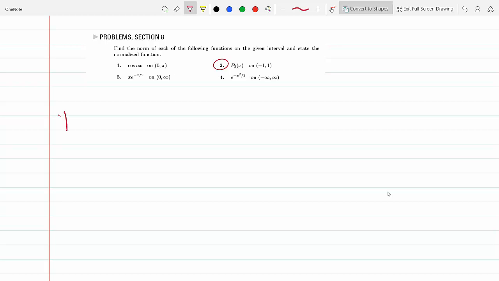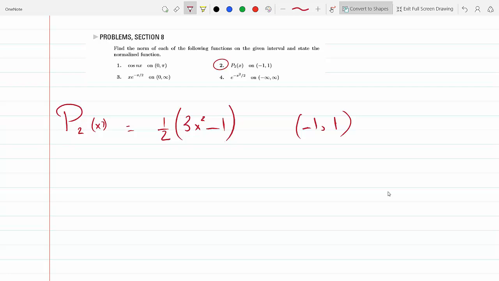P2 of x is 1 half times 3x squared minus 1. Okay, and let's say I want to find the norm of this on minus 1, 1.